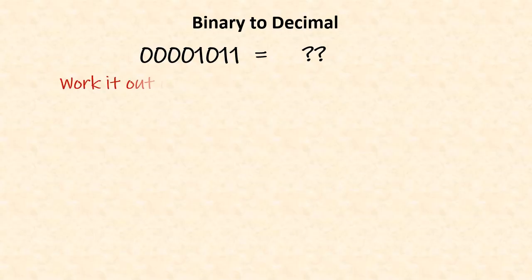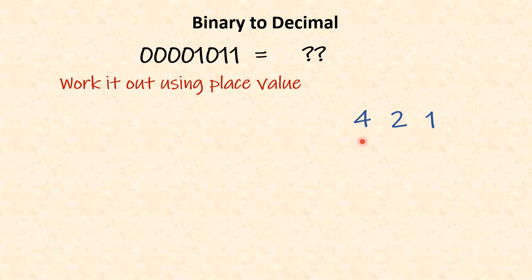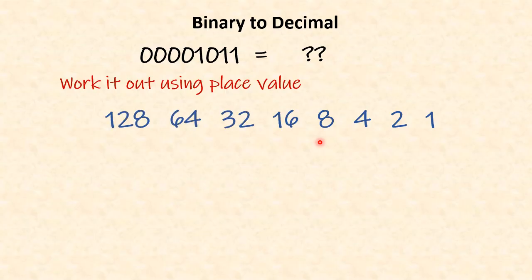Well, we're going to work it out using a place value. We're going to write down our place values, starting with our units on the right-hand side. So we're going to start off with the ones. And we're going to go 1 times 2 is 2, and 2 times 2 is 4, and 4 times 2 is 8, because this is binary, it's a base 2 number set, and 8 times 2 is 16, until we get to 128, and that's our 8 bits.